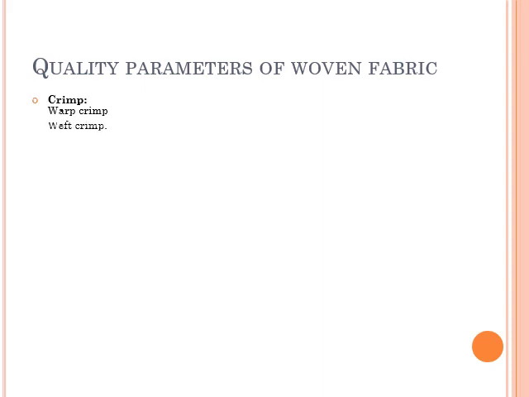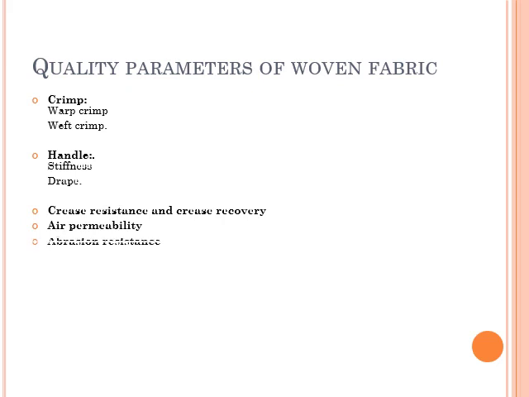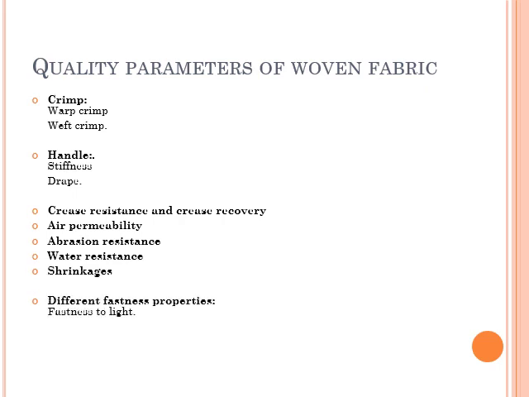The warp crimp and weft crimp of the fabric, then handle, stiffness and drape of the fabric, then crease resistance and crease recovery properties, then air permeability, abrasion resistance, water resistance, shrinkages, then different fastness properties: fastness to light, fastness to wash, fastness to perspiration and fastness to rubbing. All these characteristics depend on the end use purpose for which the fabric is taken.